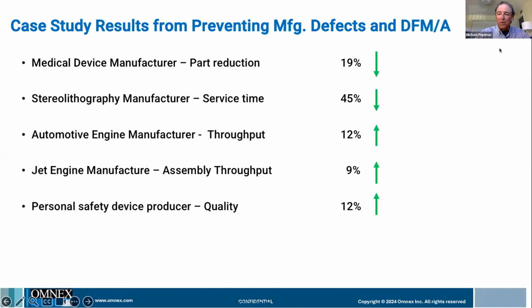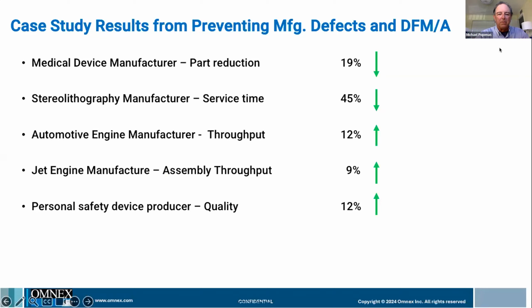Because here's, again, one of the things, this is from actual case studies that Amex has gone through over the years. These are the more recent ones in the past 5-6 years. Working with a medical device manufacturer, they got a part reduction of 19%. They took almost 20% of parts out working through this with us.